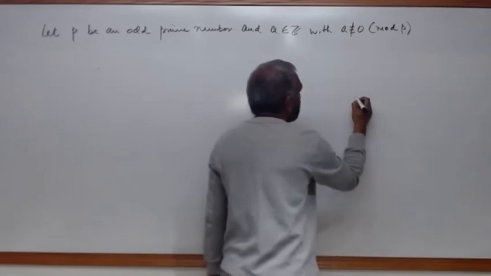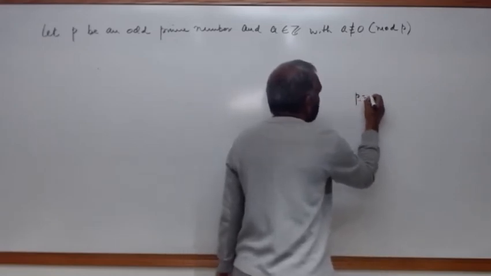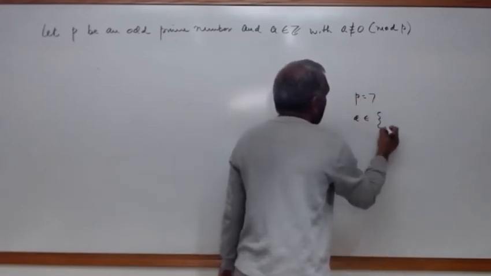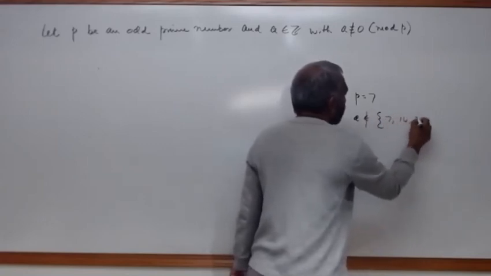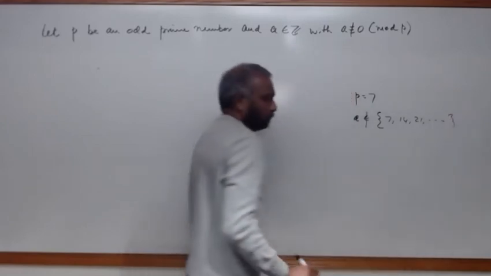Basically, what does it mean? What it means is if P is equal to 7, A cannot be 7, 14, 21, etc. That's what it means.